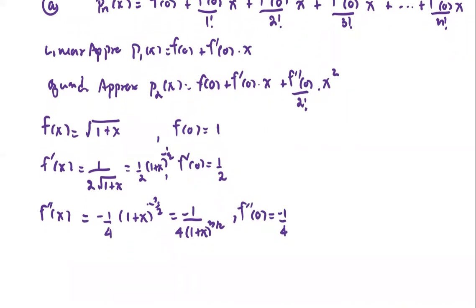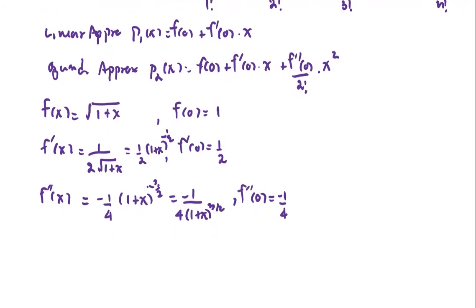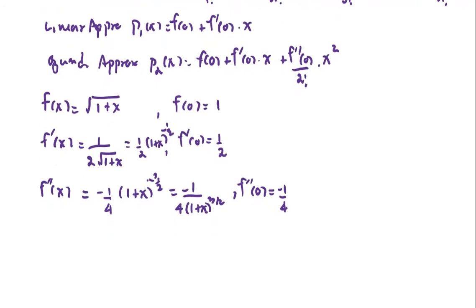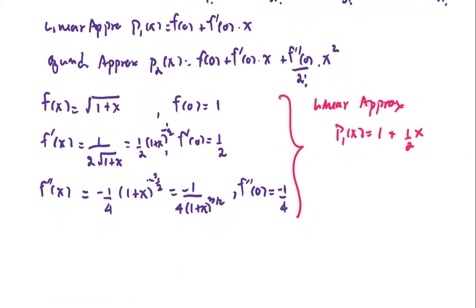And then we use these numbers to form the linear approximation and quadratic approximation. For the linear approximation, P1 equals f at 0, which is 1, plus the f prime at 0, which is 1 half, multiplied by x.